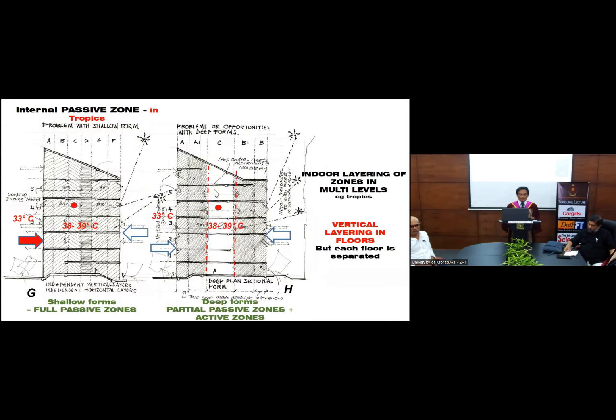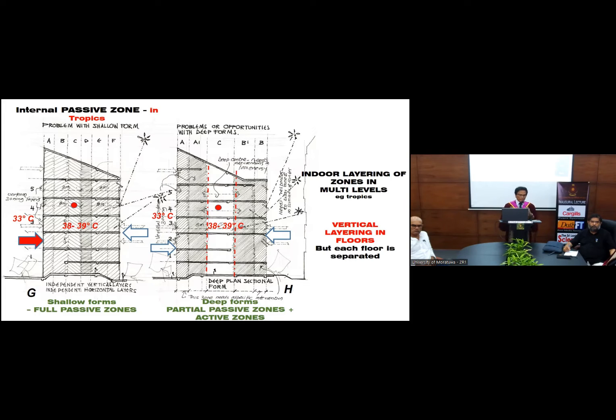If you look at high-rise or multi-level buildings, our practice is to have all the floor levels separated from one another. Because of economic reasons, we design floor plates separately, stacked one above the other.